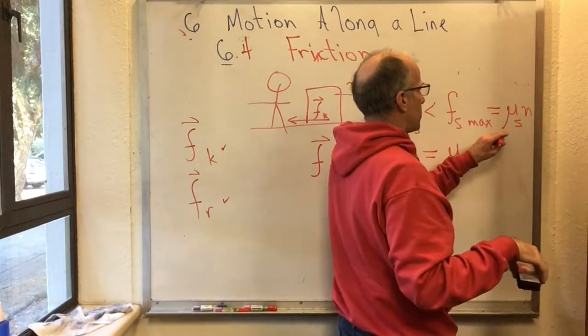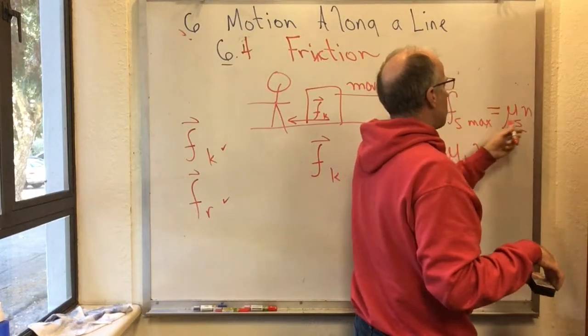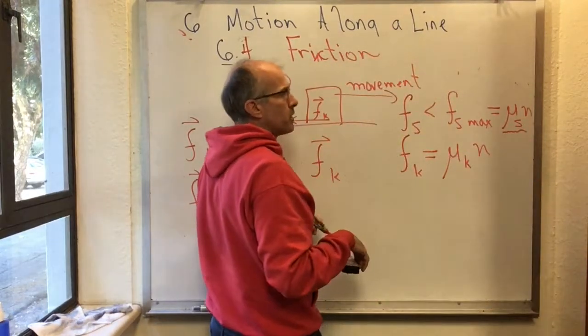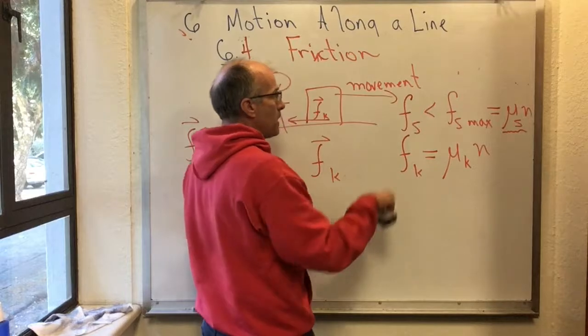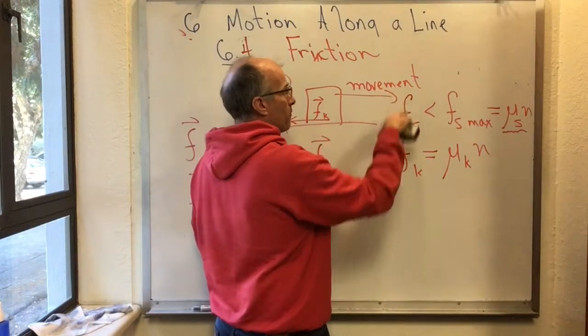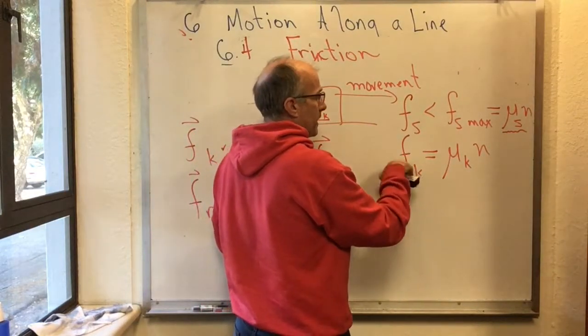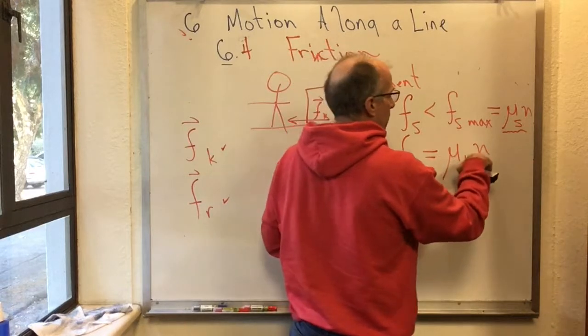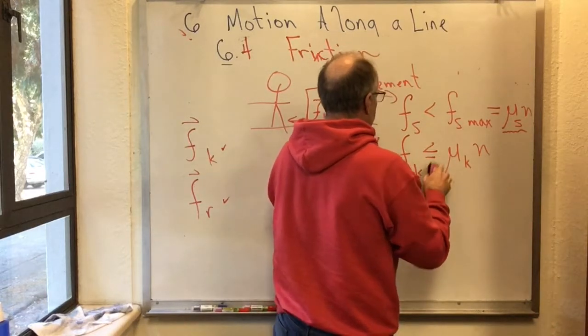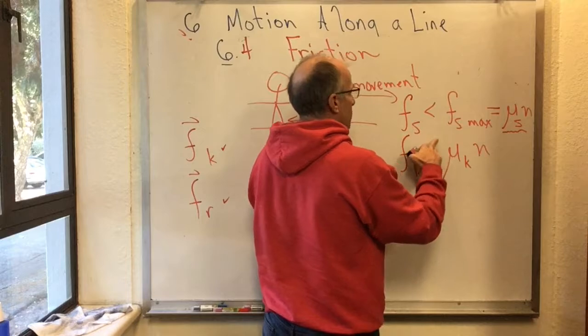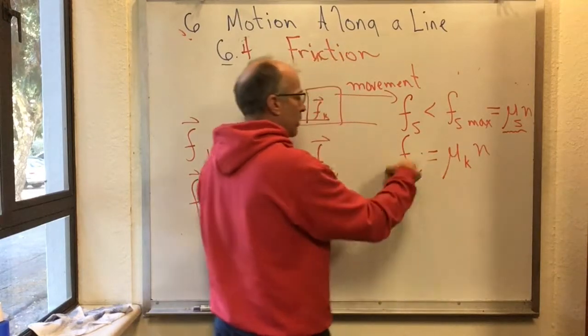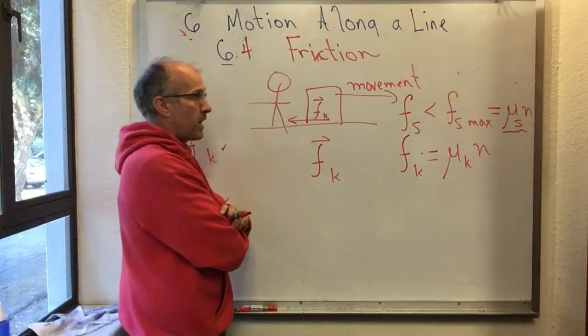And as we said a few minutes ago, the maximum amount of the static friction is mu sub s times n. Meanwhile, if you have movement, you've got F kinetic, and its magnitude is mu k n, not less than or equal to mu k n. The kinetic friction, once you've gotten moving, is mu k n.